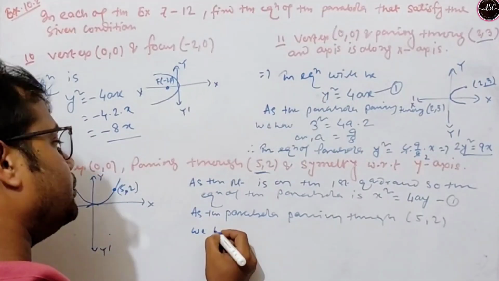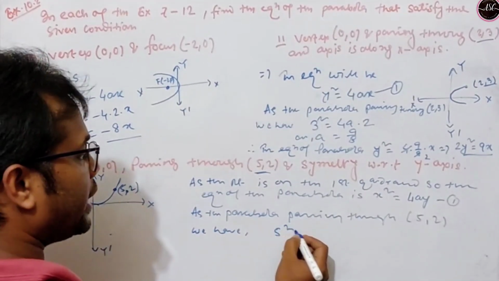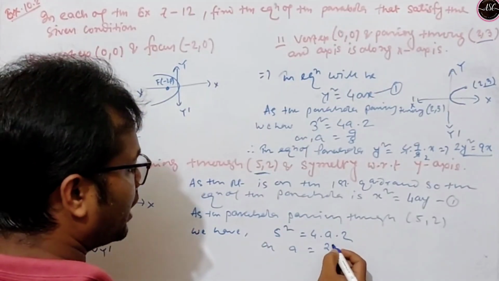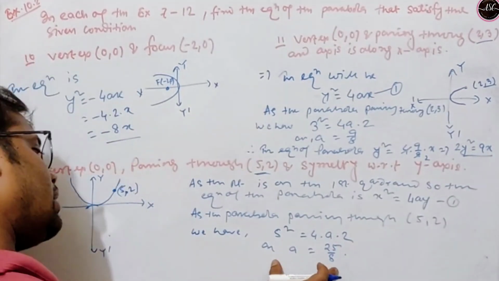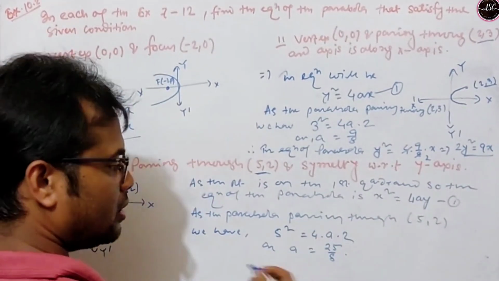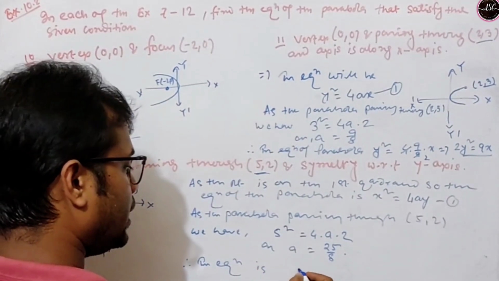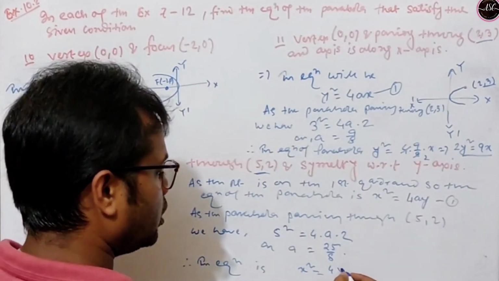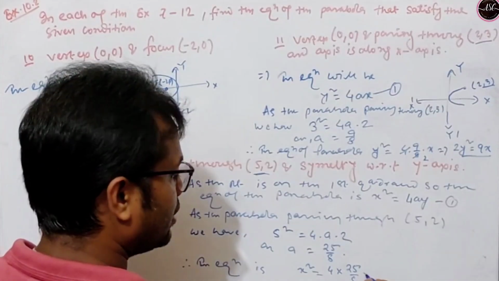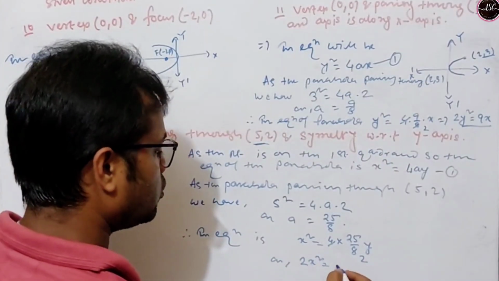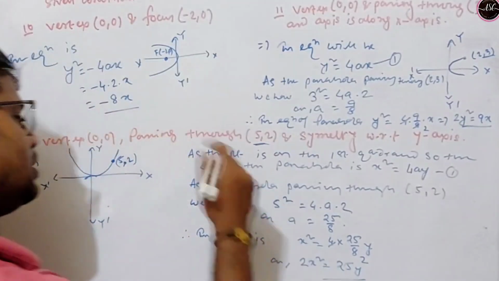So we have 5 square equal to 4 dot a dot 2 or a equal to 25 by 8. Therefore just put the value of a in equation 1, we get the required equation. Therefore the equation is x square is equal to 4 into 25 by 8 into y. So 2x square is equal to 25y. That is the required equation.